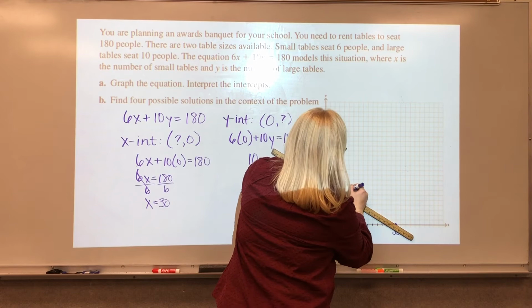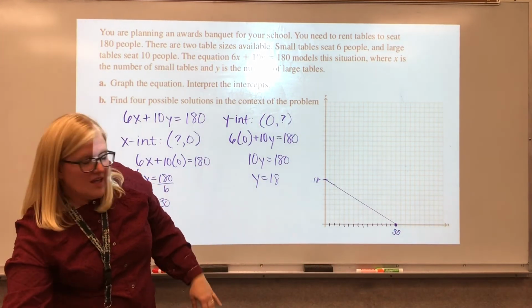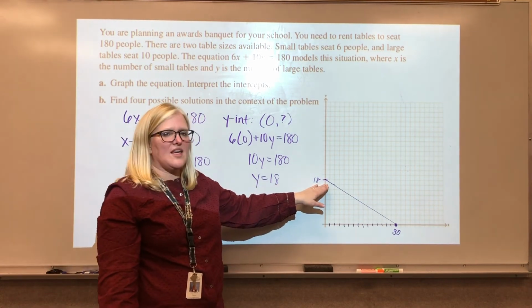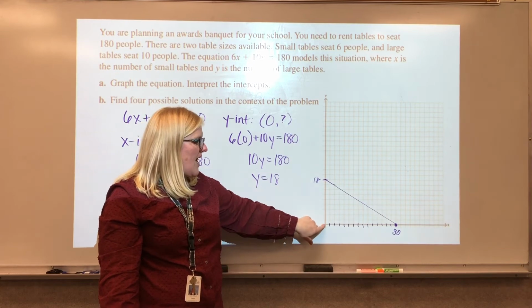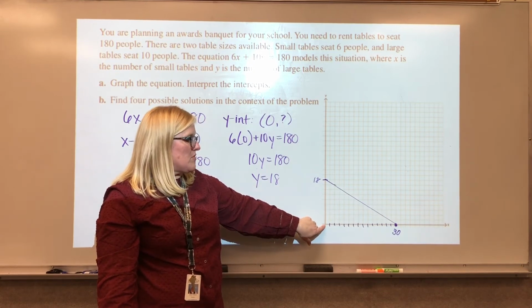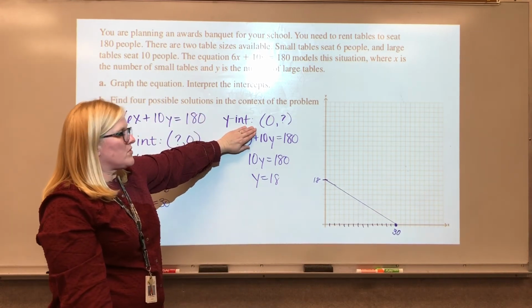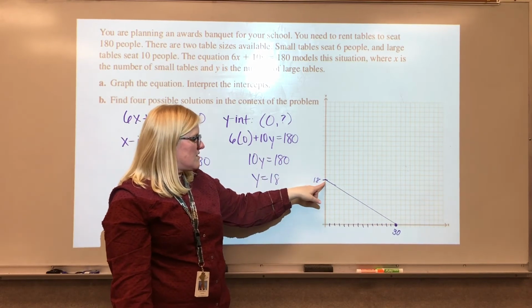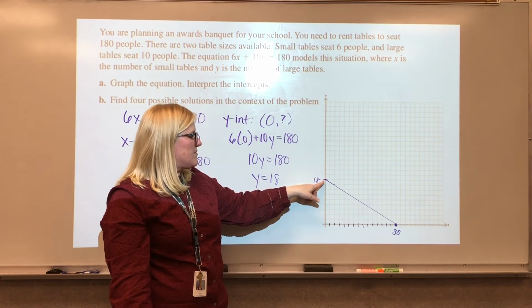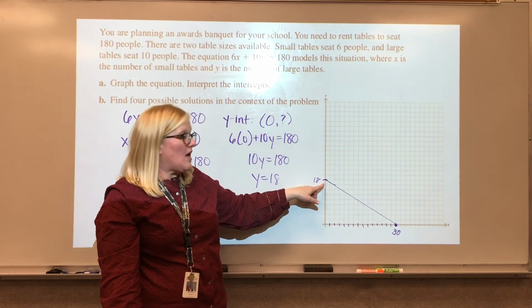What's happening here is, if we have 0 of the x value, if we have 0 6-person tables, then we can get 18 tables that seat 10 people.